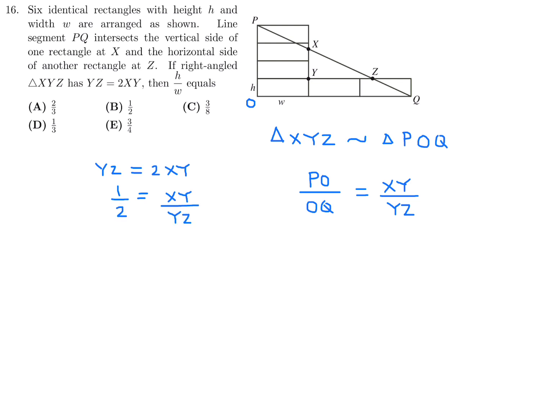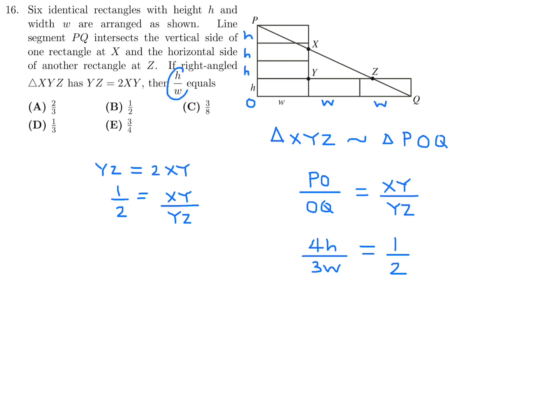So this part essentially becomes a half. So we substitute that in and just put a half right there. Now PO is what? From here to here, each of these is H, right? So this is H, this is H, and this is H. So PO is 4H. And then OQ, each of these is W. That's W, that's W. So OQ is 3W.